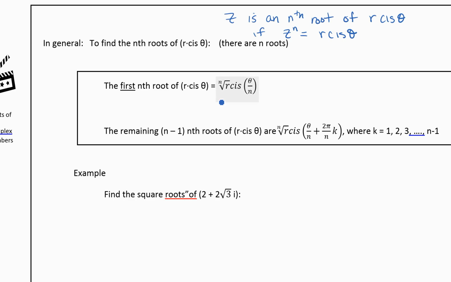So the first thing, there's a couple of things you're going to write down. You're going to write down what your n is, what theta over n is, and what 2 pi over n is. We're going to do this in radians.